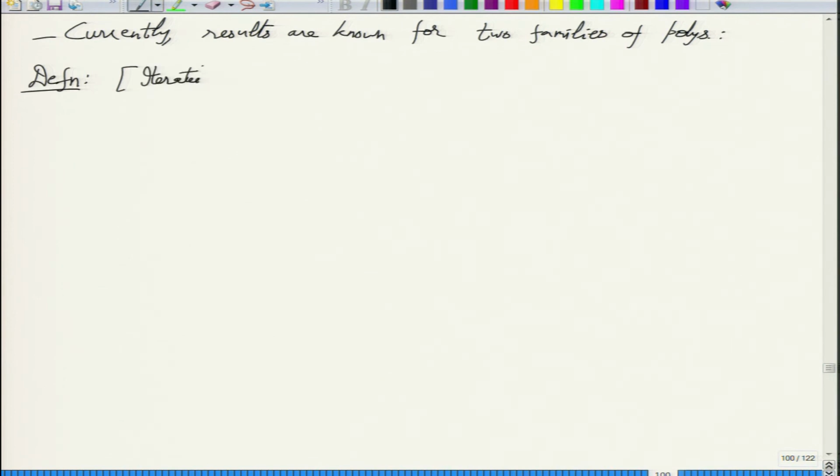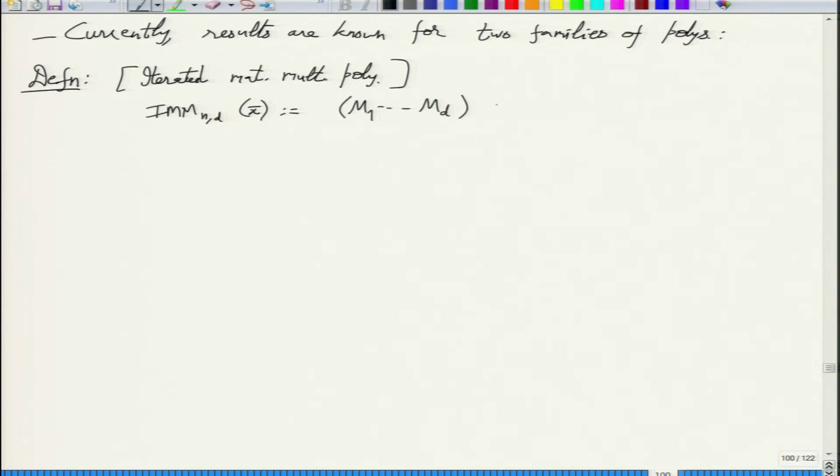The iterated matrix multiplication polynomial. So what is that? That is just multiply D matrices and look at the corner 1,1 entry. That's a polynomial.